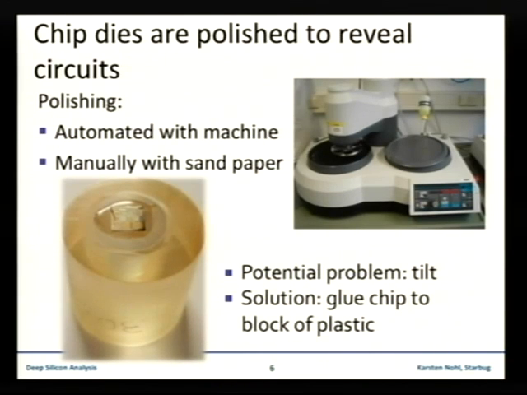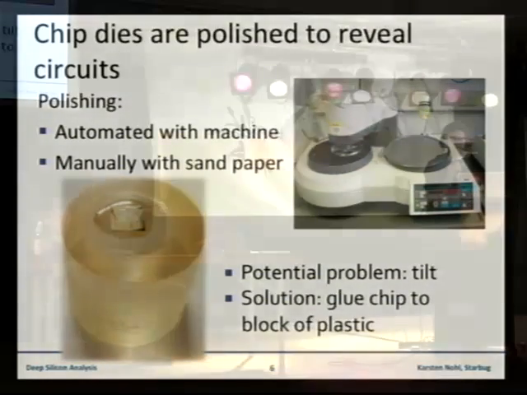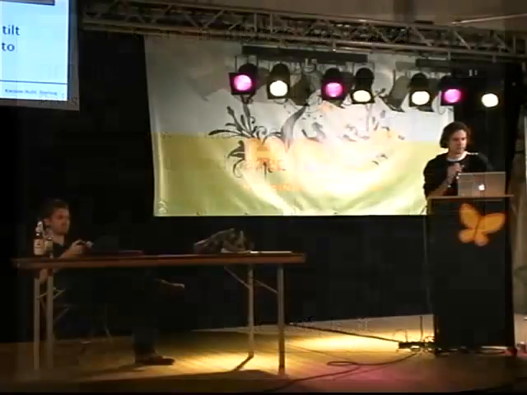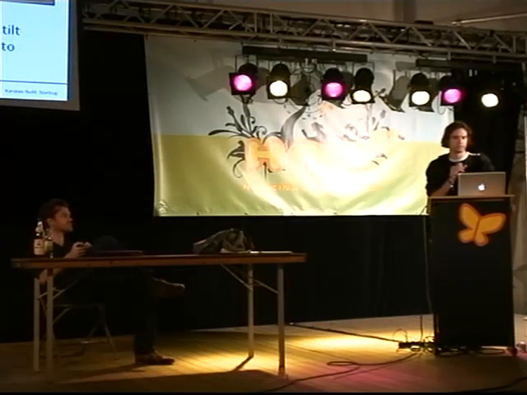We started with doing it manually, but there are much better ways to do so with an automatic polishing machine, as you can see on the top right side. It's just a spinning table, and you put some polishing liquid on it, and it will polish the silicon chip down to the layer you want.